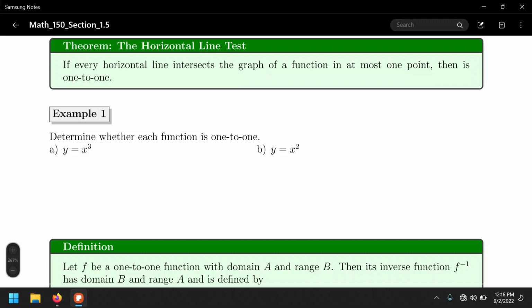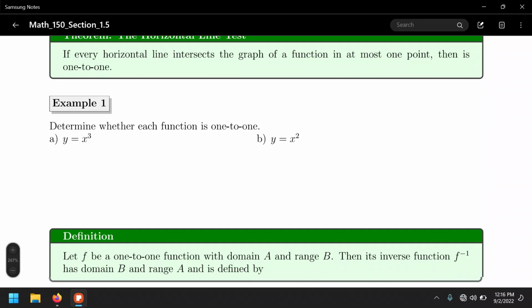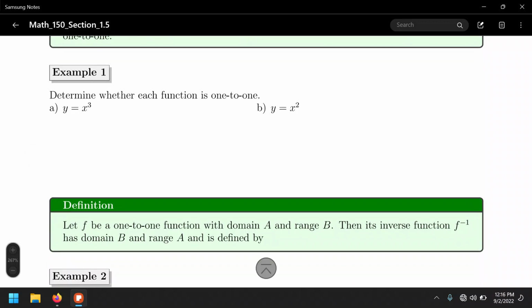If it crosses at more than one point, that's essentially saying that we're in two different places at the same time, which is not possible, so that doesn't describe a function. The horizontal line test, on the other hand, it's understood that we have to have the graph of a function, but that's to determine whether it's one-to-one, and therefore later will be invertible.